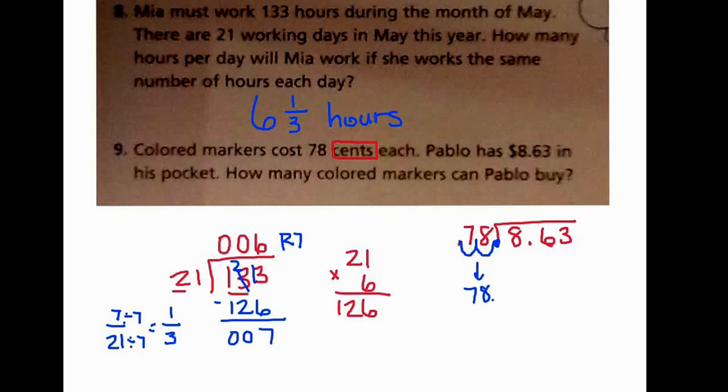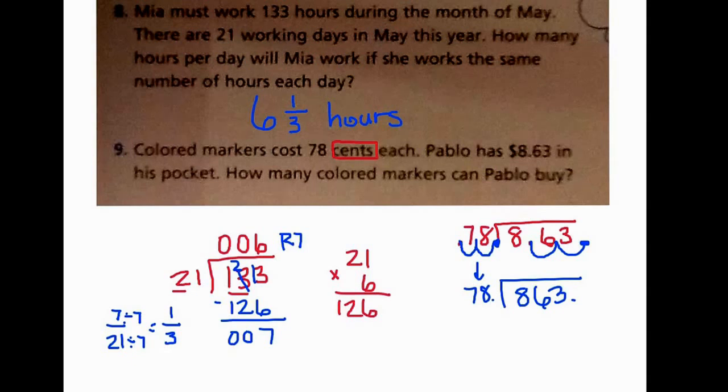So if I do it to the divisor, I have to do it to the dividend, which in this case is 8.63. So I have to take that and move it 1, 2 to the right as well. Same treatment. So now my new dividend is 863. Again, that was a new concept, something new for you, but we need to do that in order to be able to divide here.